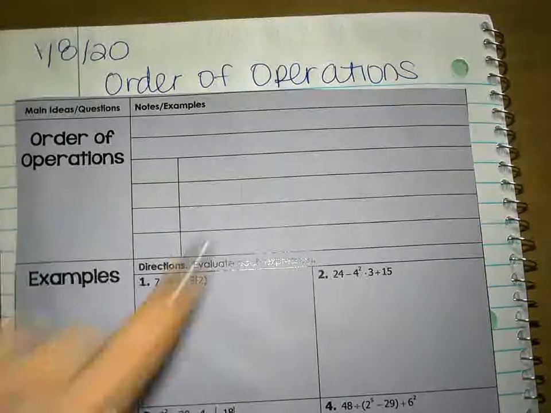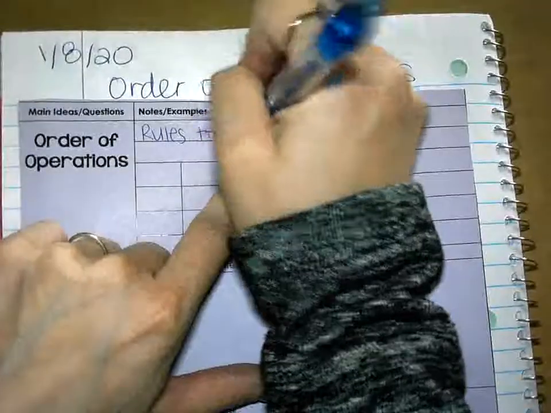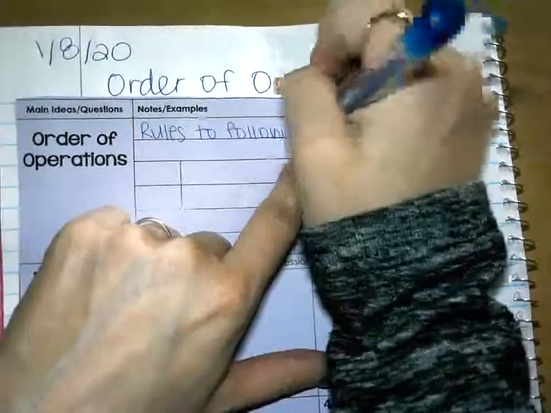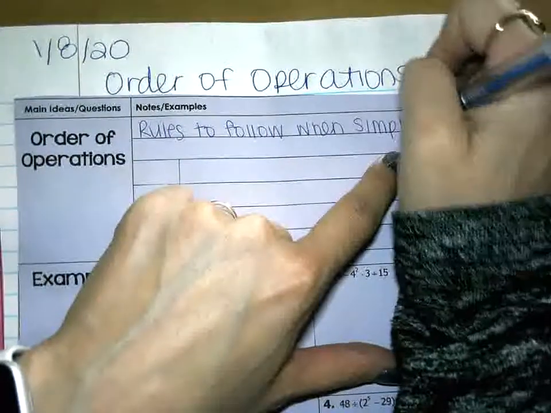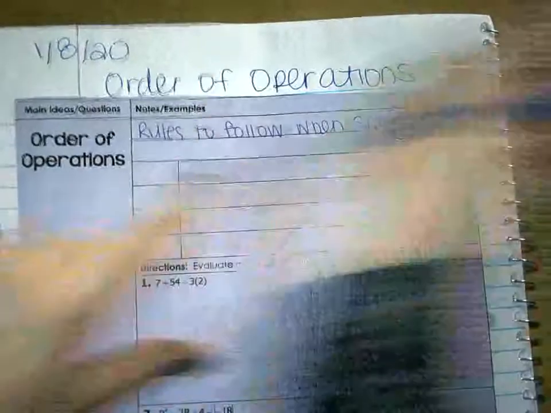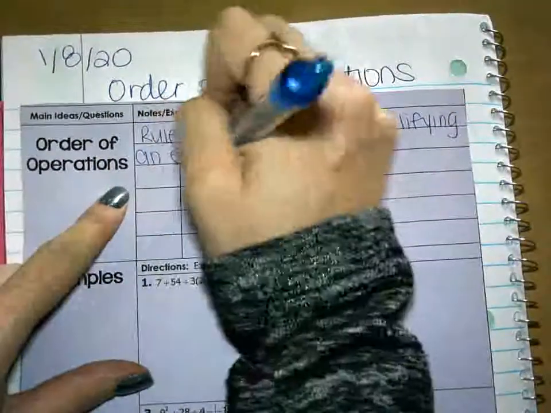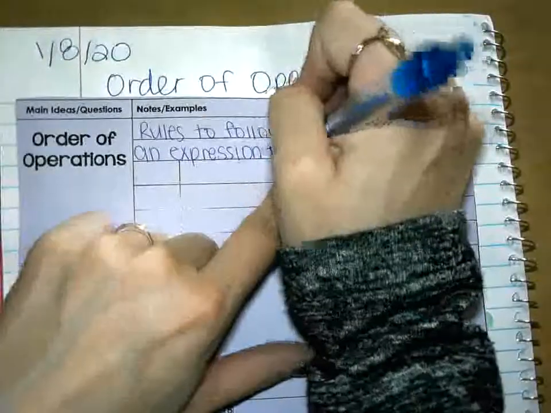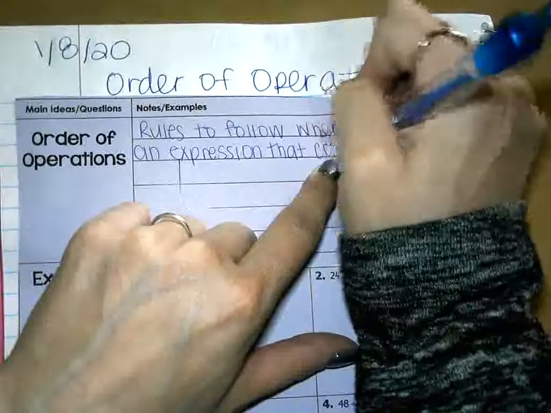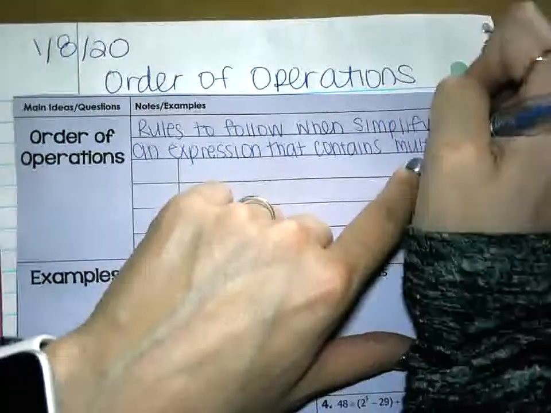Okay, so with order of operations, there are rules to follow when simplifying an expression that contains multiple operations.